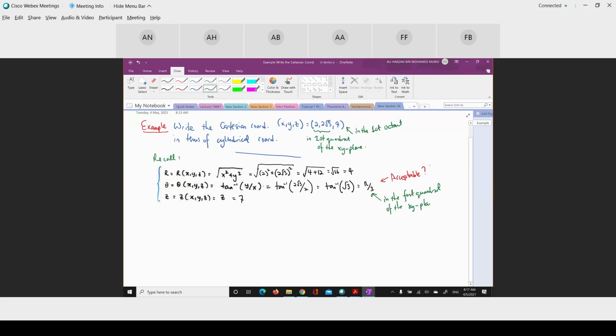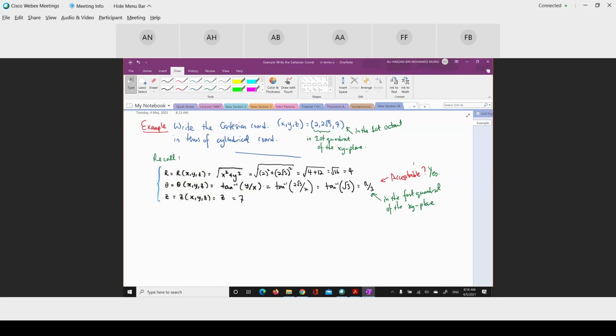So the answer is yes. The angle is in line with the position of the given point. So the calculator value here is acceptable if you use your calculator.